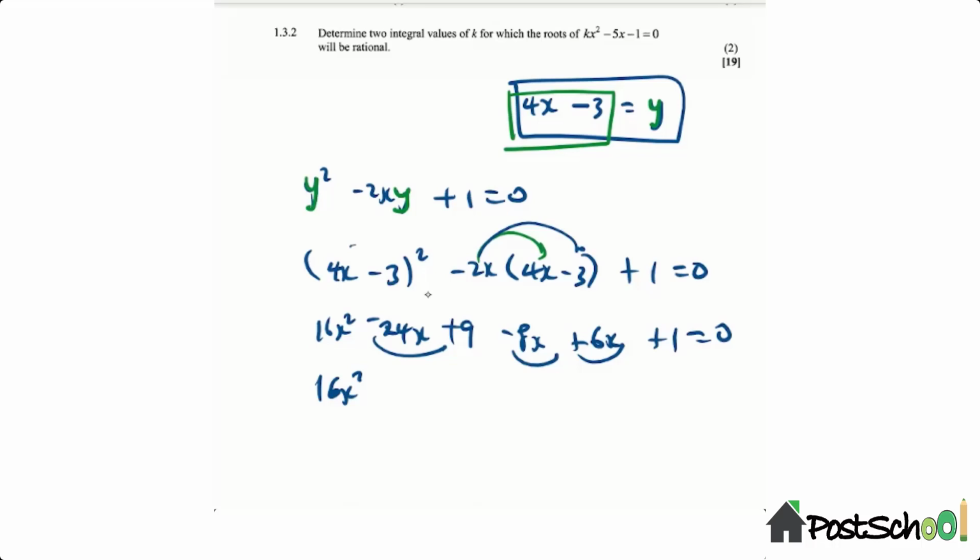You can only add their coefficients because they are all the same, x. But 16x squared is a different thing, so you cannot add it to this. So that's negative 26x. Now you cannot say 16 minus 26 because this is x squared, this is x, so they are not the same. Just always remember that. 9 plus 1, that is 10, equals 0.